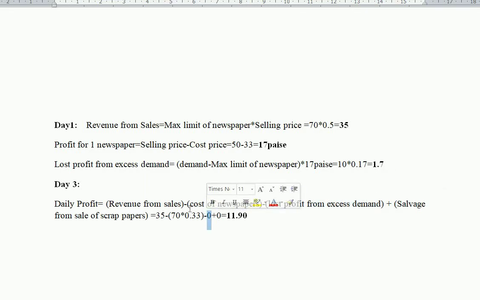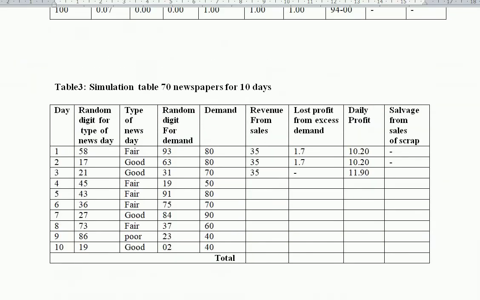The cost of the newspaper is 70 into 0.33, so 35 minus 70 into 0.33 gives 11.90. For day 3, the daily profit is 11.90, and there are no scrap papers here also.